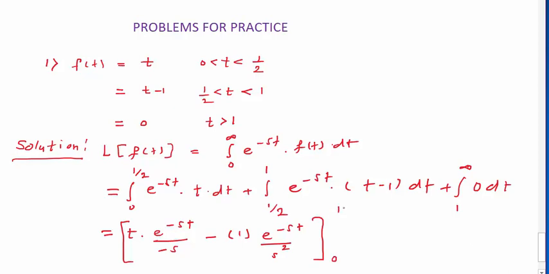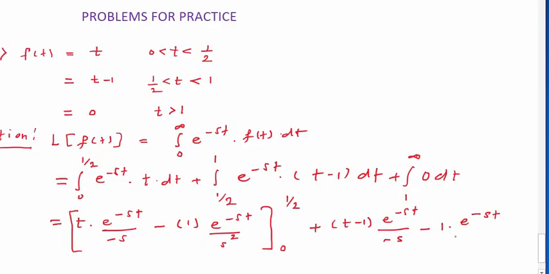Limit is 0 to half, plus t minus 1 e raised to minus st upon minus s, then minus derivative of t minus 1 is 1, so 1 into e raised to minus st upon s square. Here the limit will be from half to 1.